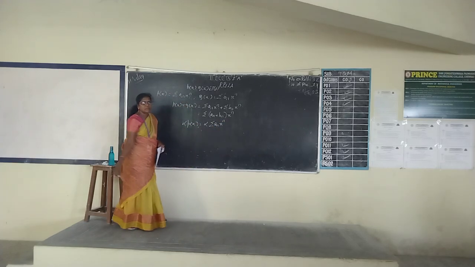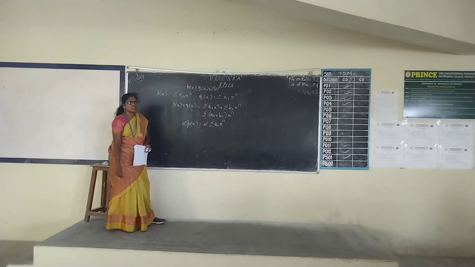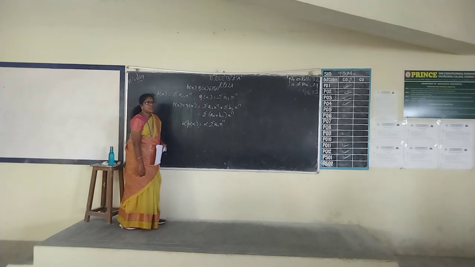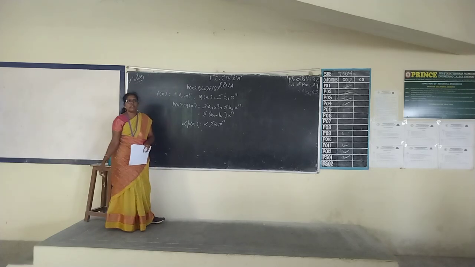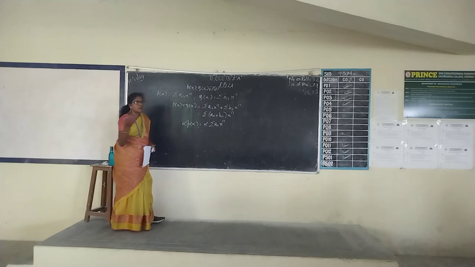How will you write this one? Alpha is any scalar, a constant. So we multiply by alpha. How will you write this polynomial? Recall the examples again. What have we done? We multiplied alpha with each coefficient. So what will be the general form?